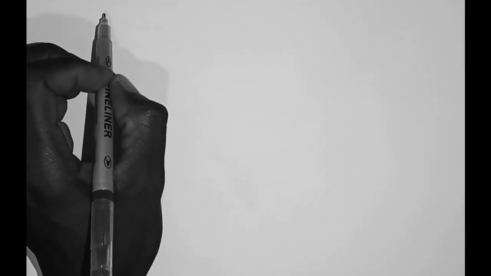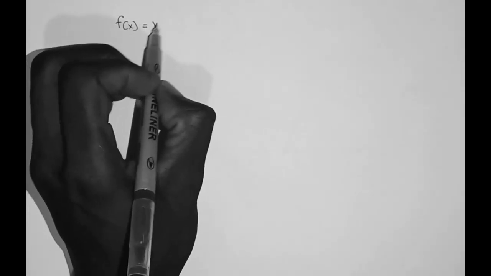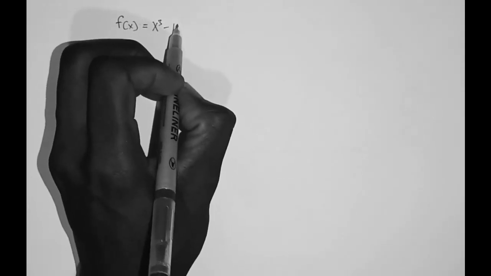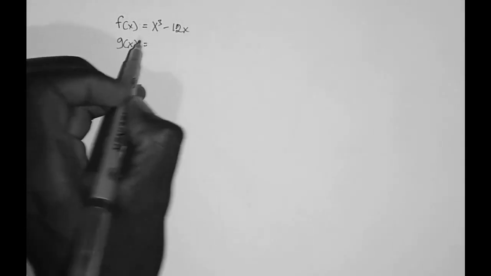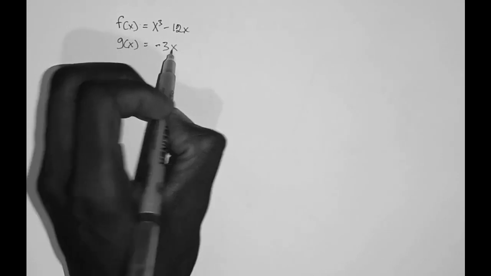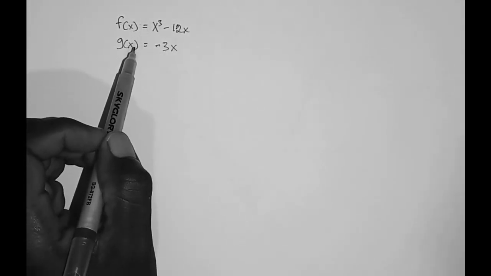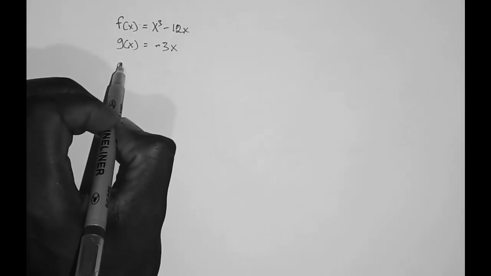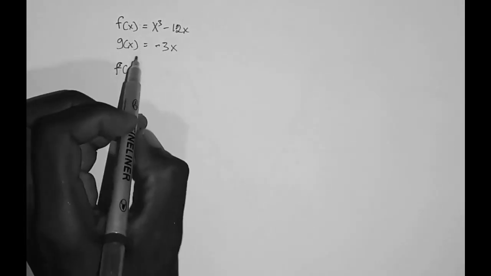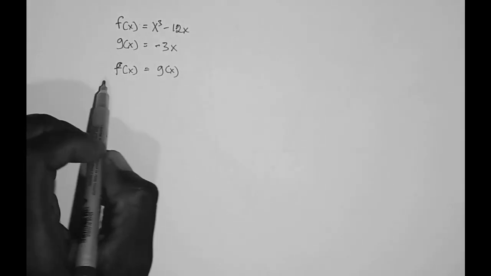So we know that f of x is equal to x cubed minus 12x from the question, and then g of x is equal to minus 3x. So what we need to do is to find the intercept, that is the limits a and b. And we can find the intercept by equating f of x to g of x. So let's equate these two and then solve.